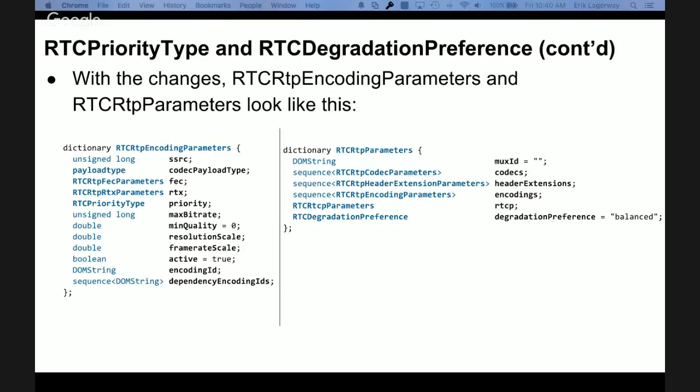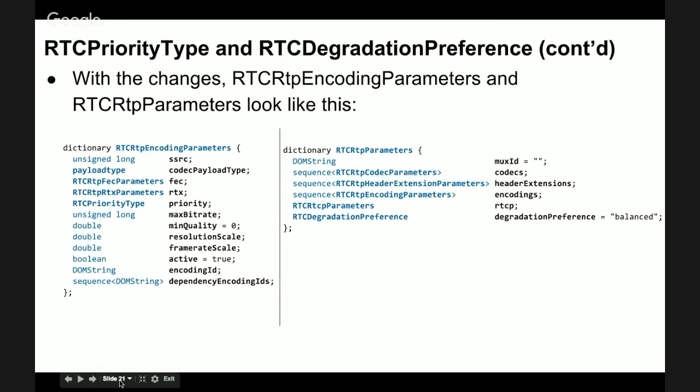Then we end up with RTC priority and type priority in encoding parameters, and degradation preference is removed from there. Peter, is this more or less what you had in mind with 1.0? Yeah, that's exactly what my pull request has. Yeah, I hope so. That's the intent.